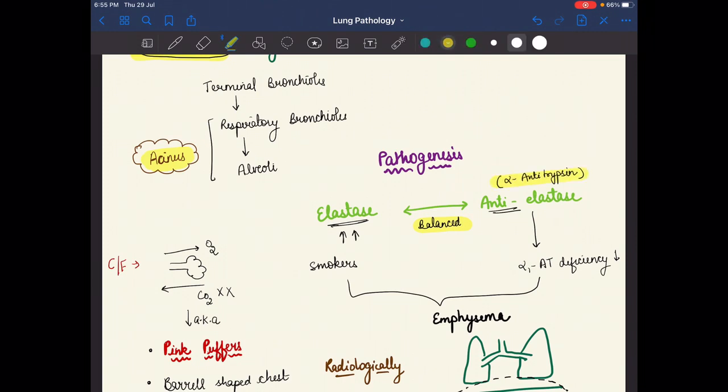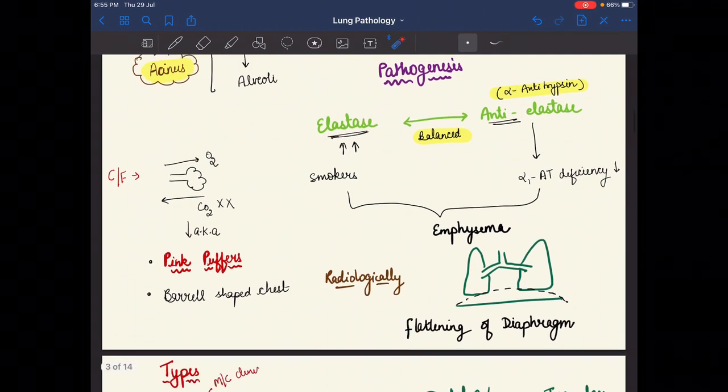So alpha antitrypsin deficiency leads to emphysema. This is the pathogenesis: deficiency of alpha antitrypsin and increased elastase activity.